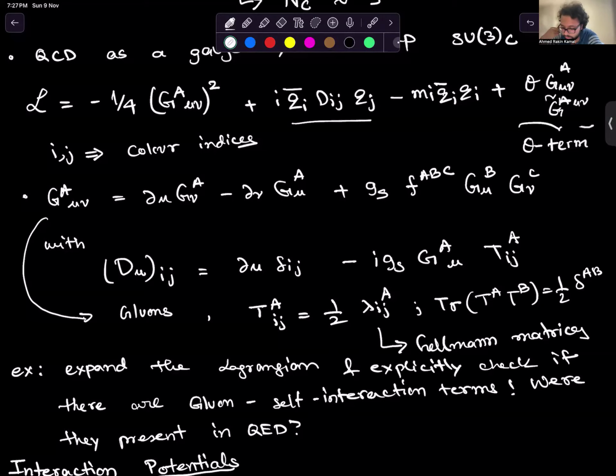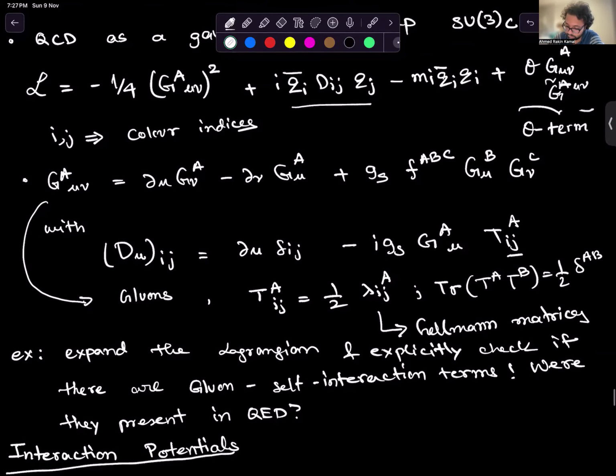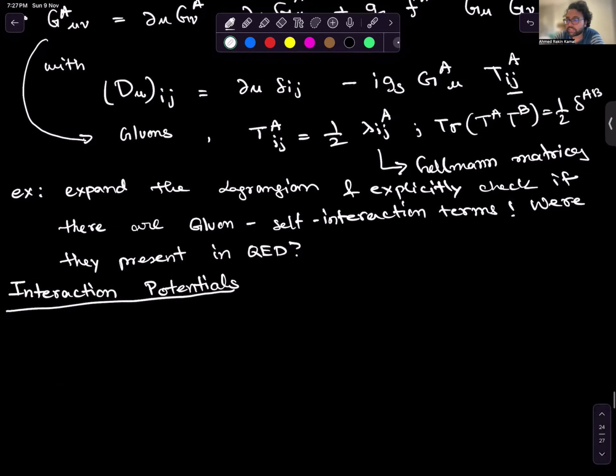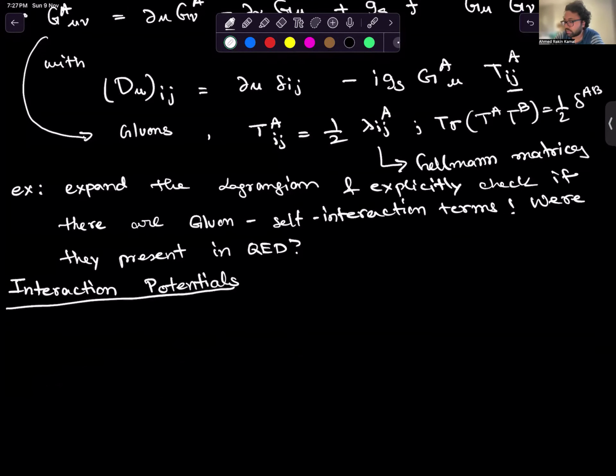Of course, if you know a bit of representation theory, they're in the fundamental representation. And that's about it. They have some gauge indices, color indices. Basically, that's the difference from the traditional Yang-Mills that you have seen.